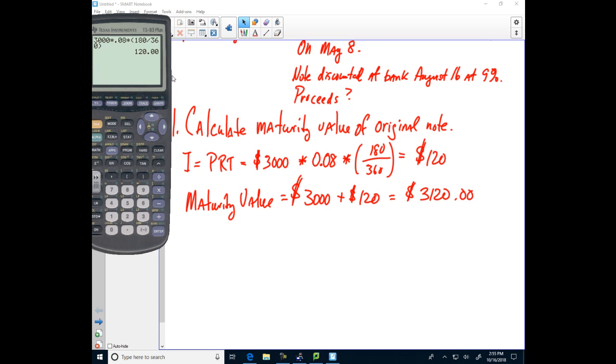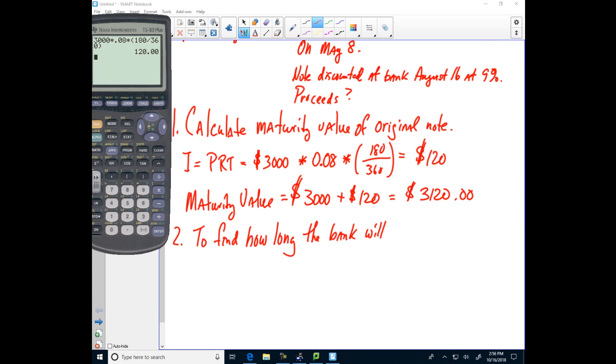In this case, to find how long the bank will hold the note, first find how long Shelley holds the note.